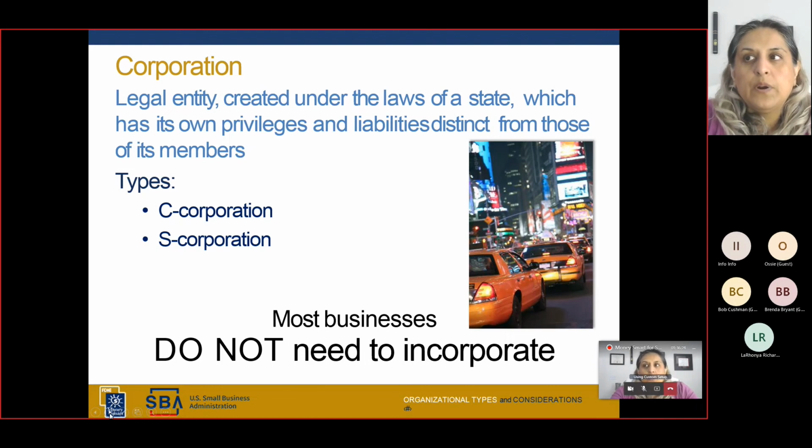Forming a C Corp or an S Corp is similar. For both, you file articles of incorporation with your Secretary of State, or with some states, your state's corporation division or Corporation Commission, same thing. Filing articles of incorporation will usually cost no more than a few hundred dollars in fees, while the contents of your articles of incorporation may vary from state to state.